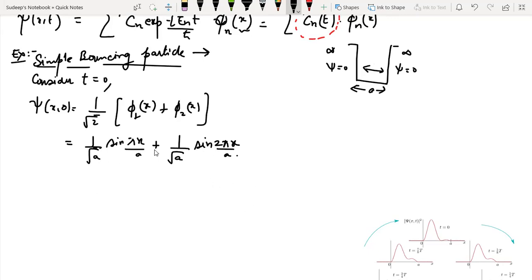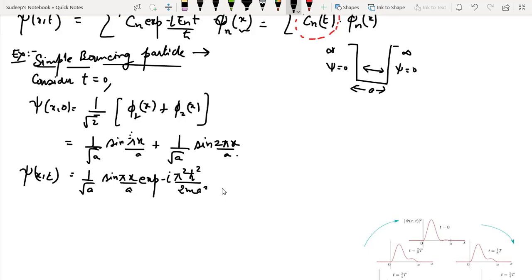Okay, so basically what is happening is that this particular wave function is the superposition of the ground state and the first excited state. And if I want to write what the wave function would be at any later time t, it's fairly easy to see that it would be simply 1 upon root a, sine of pi x upon a, exponential minus iota E1 t upon h cut, where E1 is simply pi square h cut square, and in general E_n is n square pi square h cut square upon twice m a square.